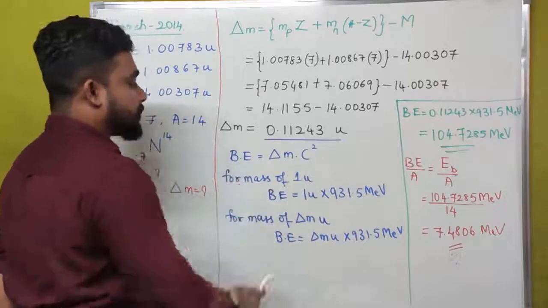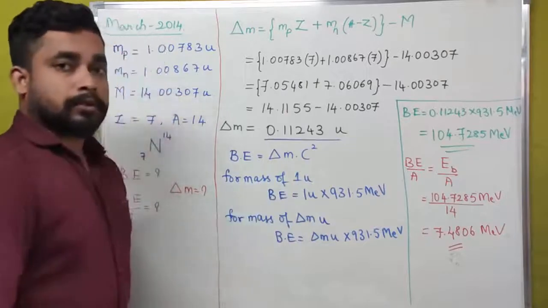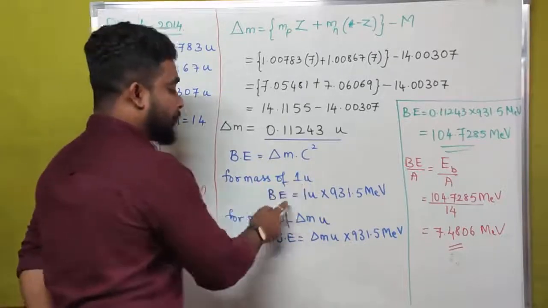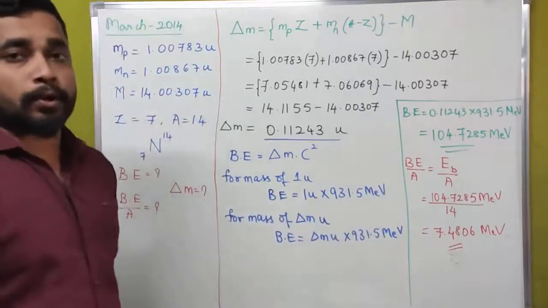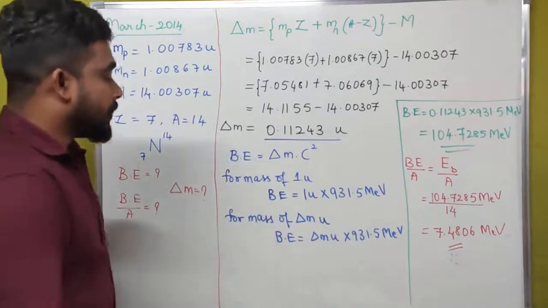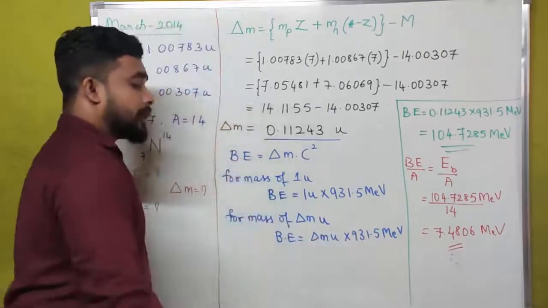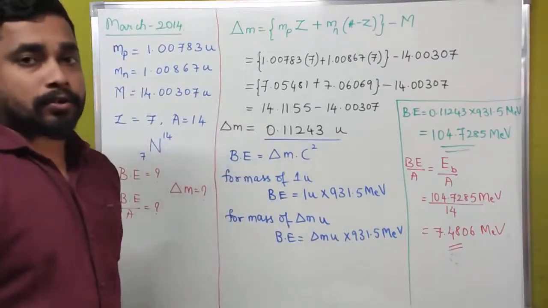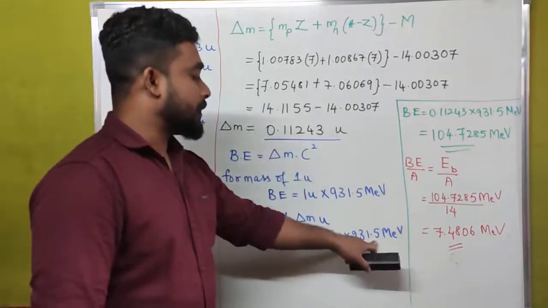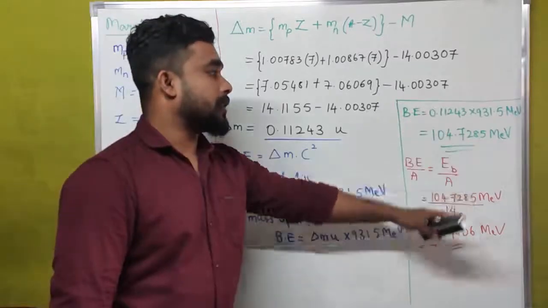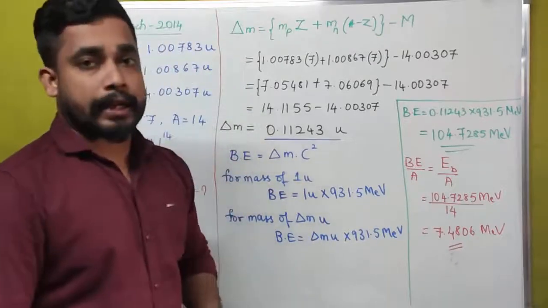Here binding energy is equal to delta M into C square. But for a mass of one atomic unit, binding energy is equal to 1 unit into 931.5 million electron volt. So for delta M units, binding energy is delta M into 931.5 million electron volt. If we multiply 0.11243 into 931.5, we get 104.7285 million electron volt.